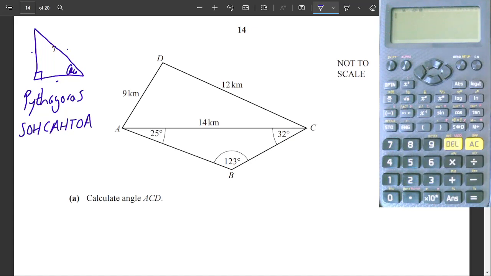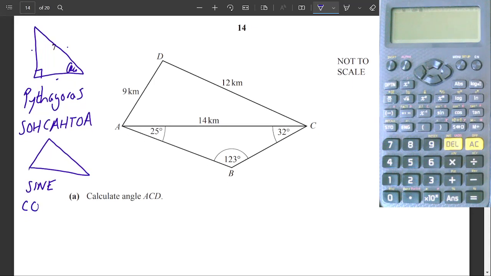But we don't see any right angle triangles at this moment. That means for any other triangle, it's not a right angle triangle, we use either the sine or the cosine rule.